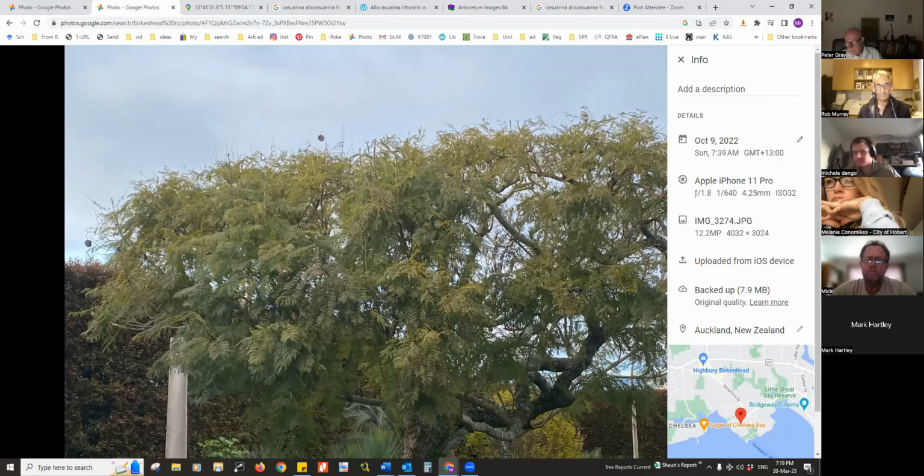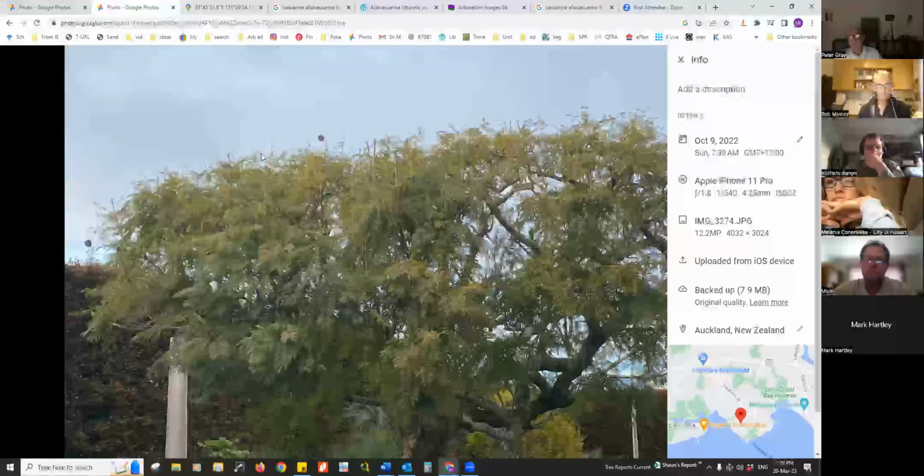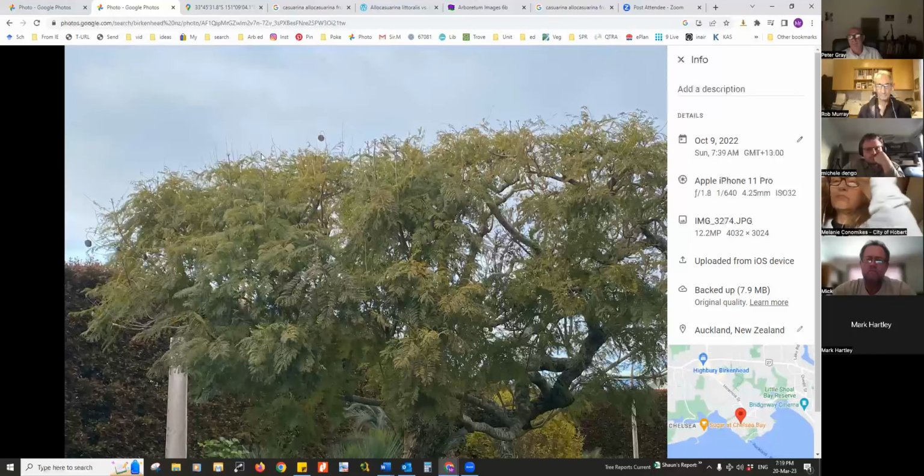And when you talk about these overlong branches, I question how you know it's overlong. It's not saying that it isn't long, but doesn't the tree know that it's long? And why is the tree not going to deal with that? I think there are some exceptions to that general philosophy, and one of them is probably liquid ambers for us here on the East Coast.